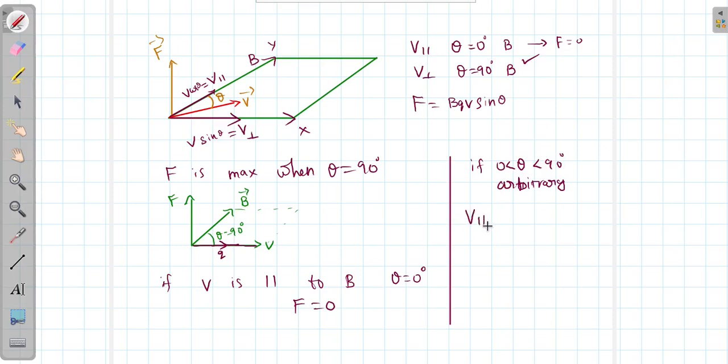V parallel will not experience any magnetic force, but it produces linear motion. And V perpendicular deflects the charged particle.